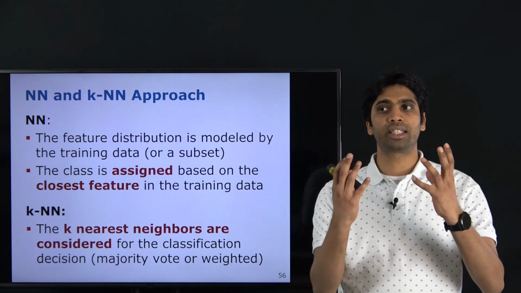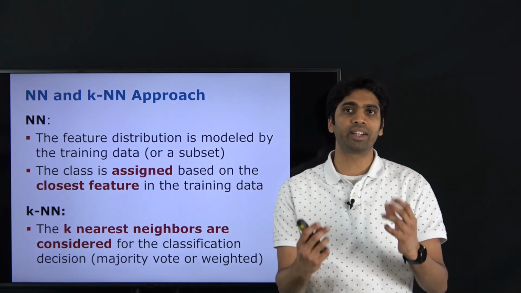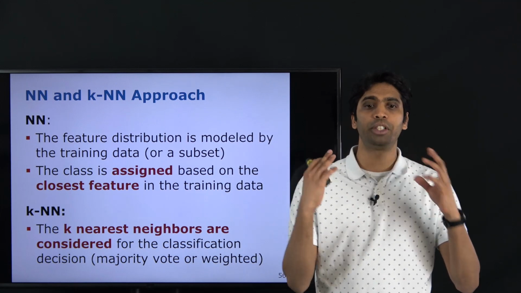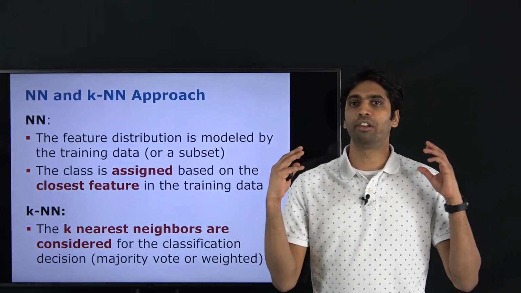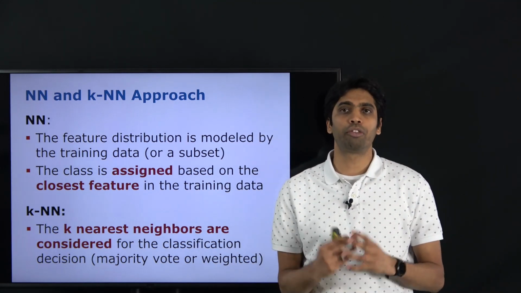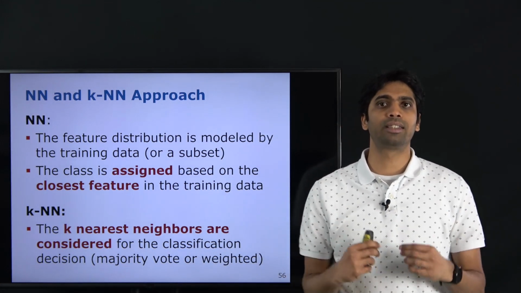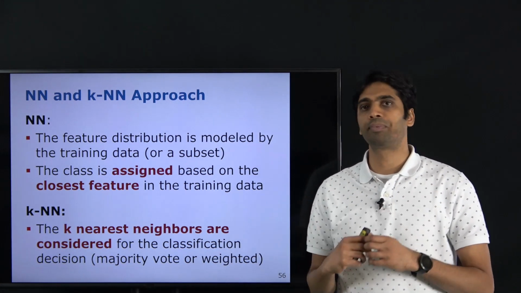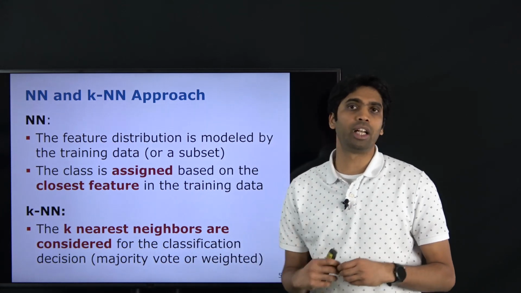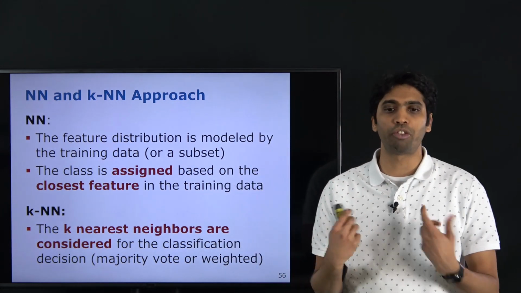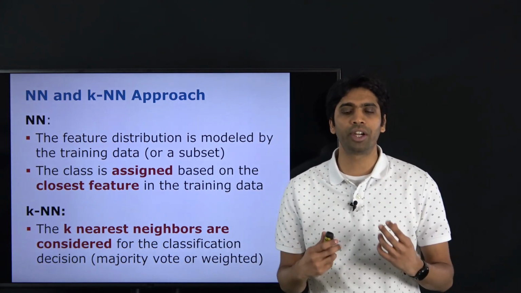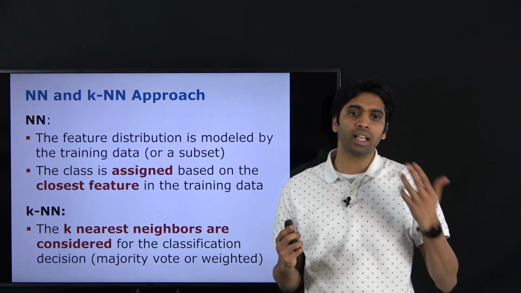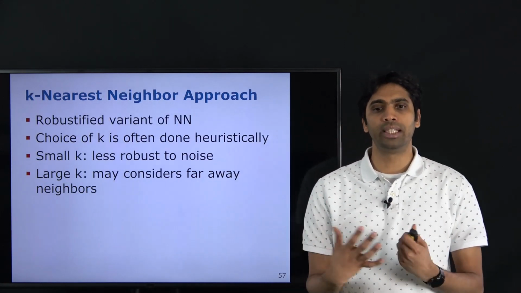We could either look at the 4 nearest examples and make a majority vote, so if I get 3 out of 4 for a particular class, that is the predicted value, or we could use some kind of weighting. This is a way of introducing some robustness into the system.